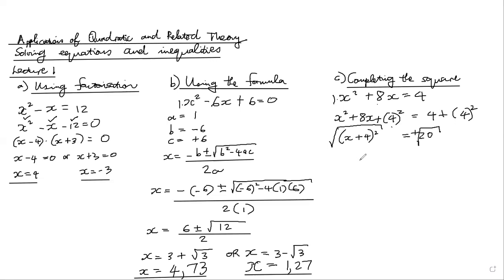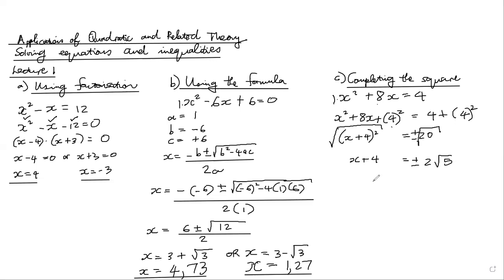So the left simply becomes x plus 4 equals plus or minus the square root of 20, which you know is square root of 4 times 5, which will be plus or minus 2 square root 5. So let's just check that using our calculator. Square root of 20, indeed it's 2 square root 5.